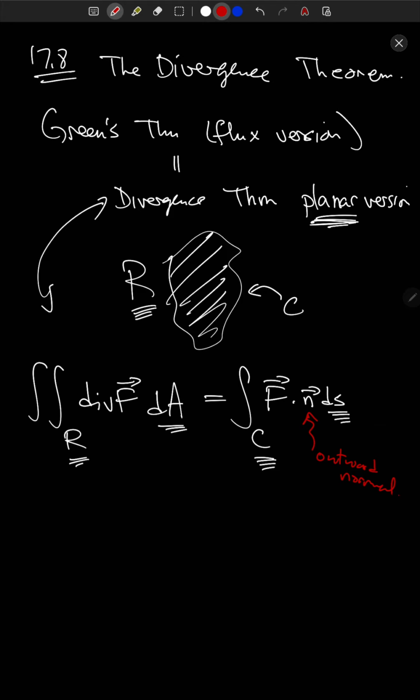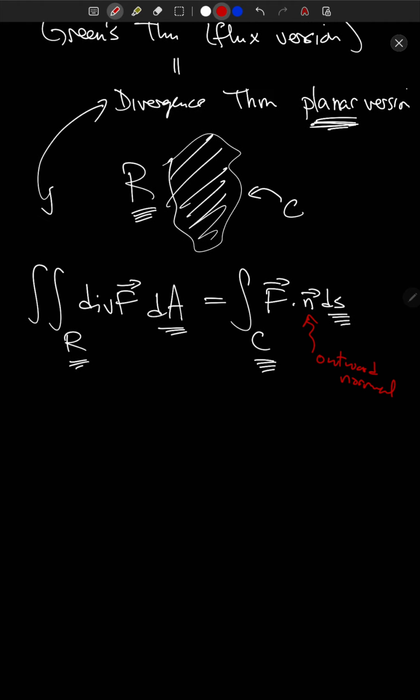And that's the only bit of orientation that we have to establish for this divergence theorem.